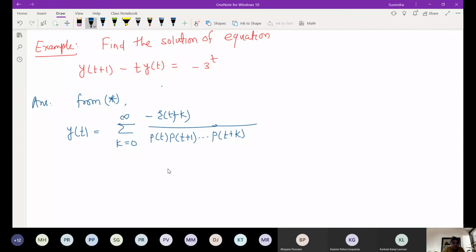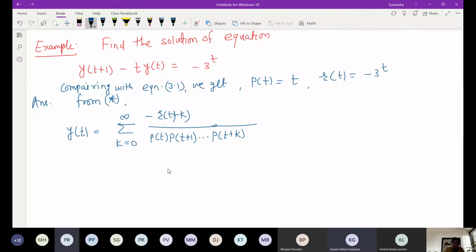When my equation is compared with equation 3.1, what is my p of t? It is t. Comparing with equation 3.1, we get p of t is t, and what is r of t? R of t is minus 3 raised to t. So just try to substitute the values.